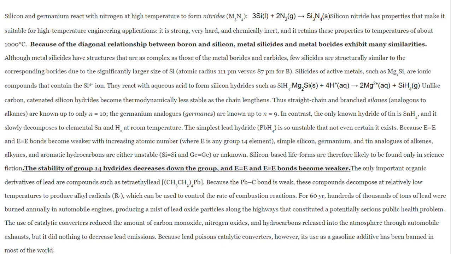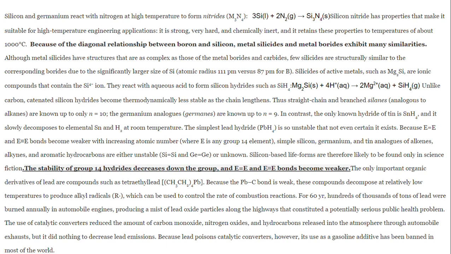Silicon and germanium react with nitrogen at high temperature to form nitrides, M3N4. Similarly, silicon nitride Si3N4 is formed. It has properties that make it suitable for high temperature engineering applications.